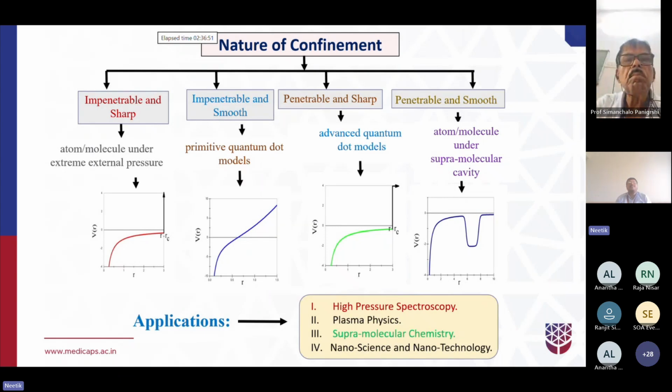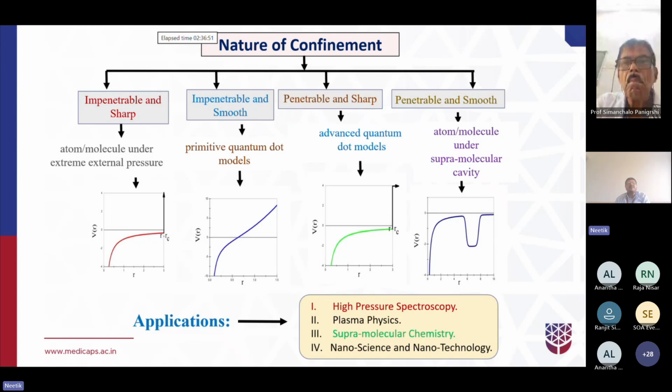The example is high pressure confinement, where we are trapping atoms or molecules under extreme pressure. Next, impenetrable smooth. That means we are trapping it in an impenetrable condition, but it is not that strong. One example is the trapping of atoms and molecules in a harmonium environment.